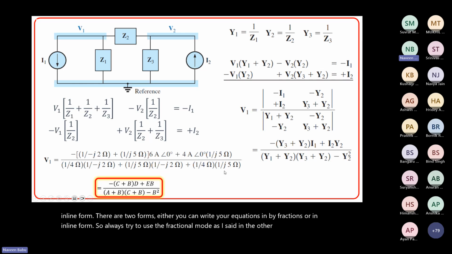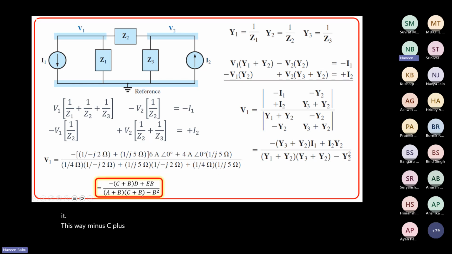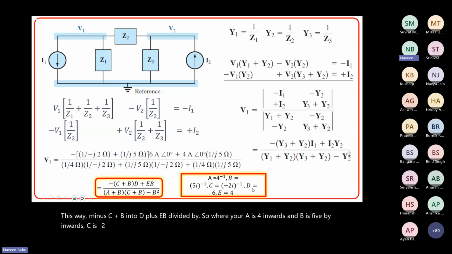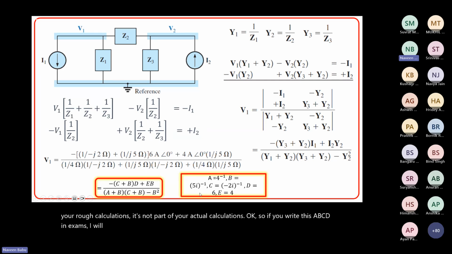So just feed it this way: minus C plus B into D plus EB, divided by, where your A is 4 inverse and B is 5i inverse, C is minus 2i the whole inverse, D is 6 and E is 4. These are just a part of your rough calculations, not part of your actual calculations. If you write this A, B, C, D in exams, I will not be able to give you marks.